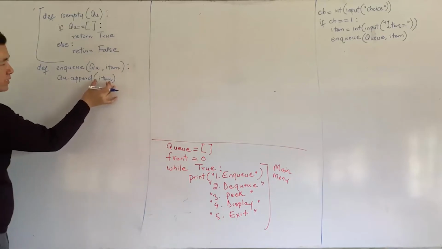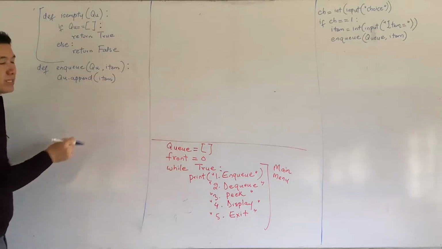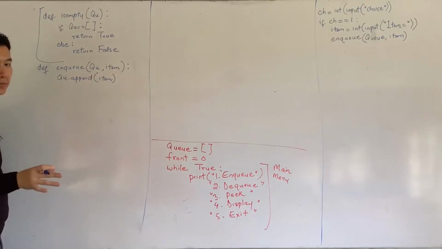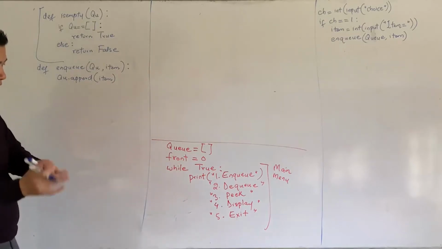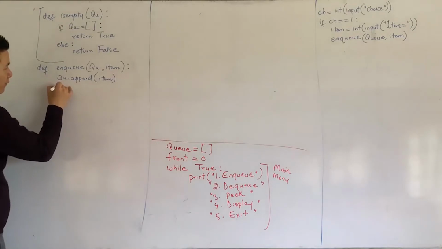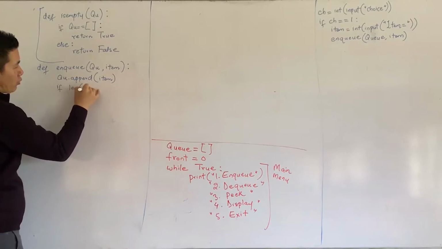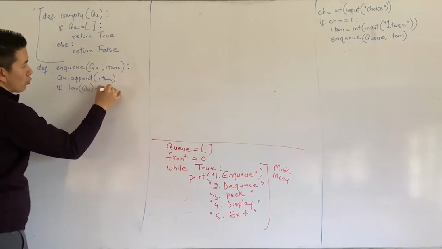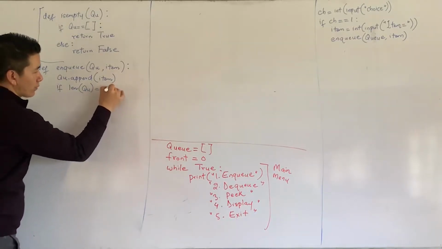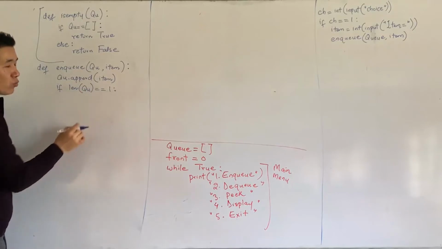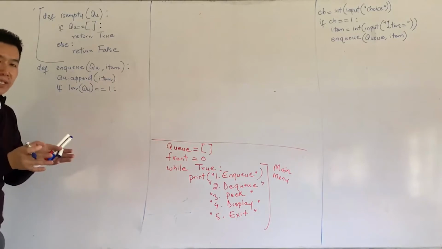So once you append the item onto the QU, I just need to check whether this item is the first element or not, in which case I'll have to adjust the value of front and rear. Alright, so if the length of QU is equal to 1, what it means is this element that I'm adding is the first element in the queue.